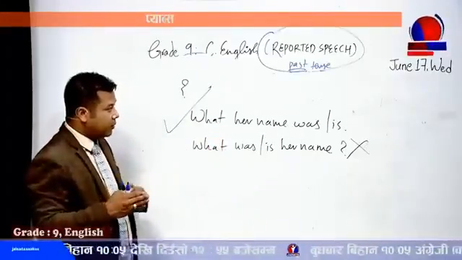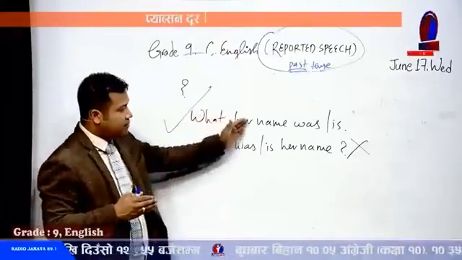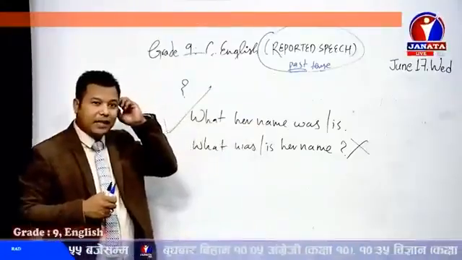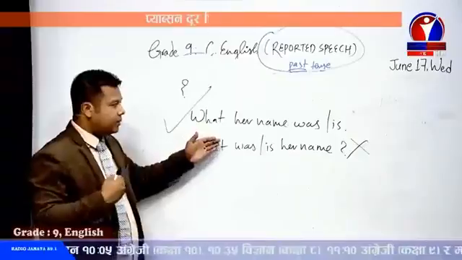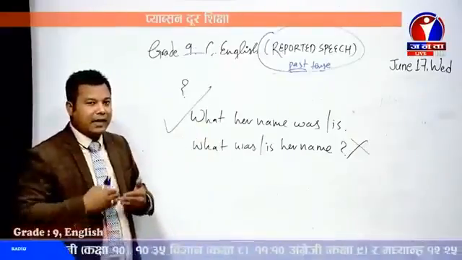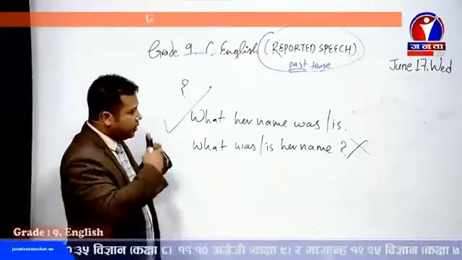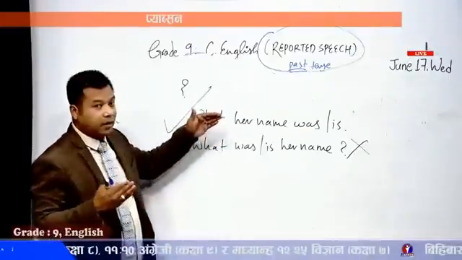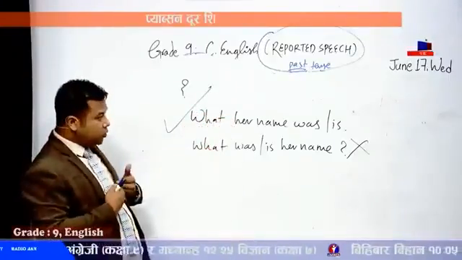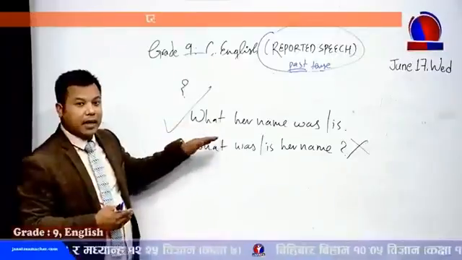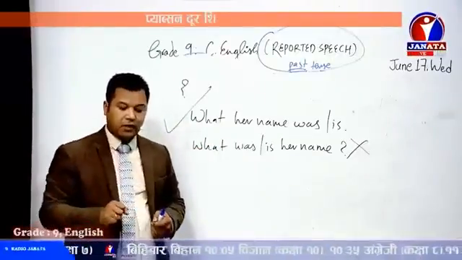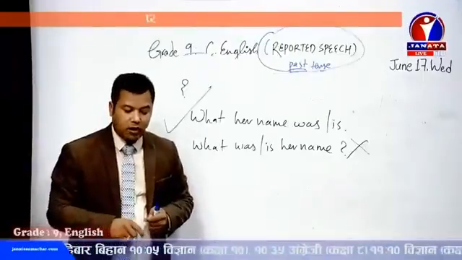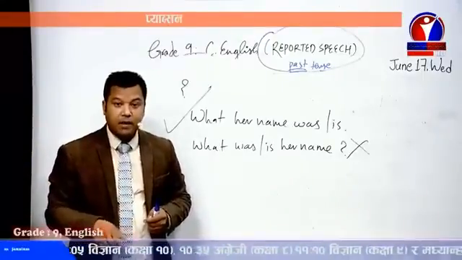Someone might even say, if you say what her name is, it tells you that she has not changed her name. But for me, in a sentence, it is not justified, and I am simply applying rules here. So the answer for this should be: the teacher asked Polly what her name was.